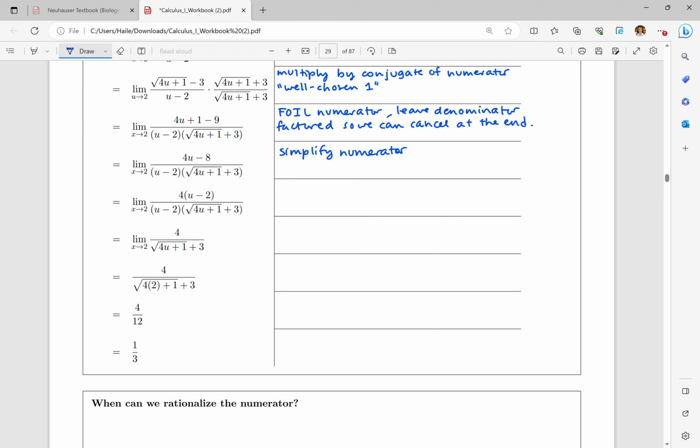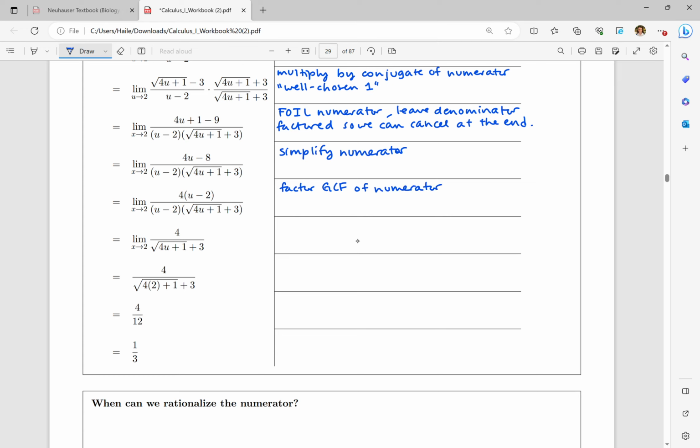So now I want to think, how can I force that numerator to have a u minus 2 show up in it? And that's when you might notice, well, if I factor out that greatest common factor of 4, I'll end up with a factor of u minus 2 left over. So the next thing we want to do is factor the GCF of the numerator.